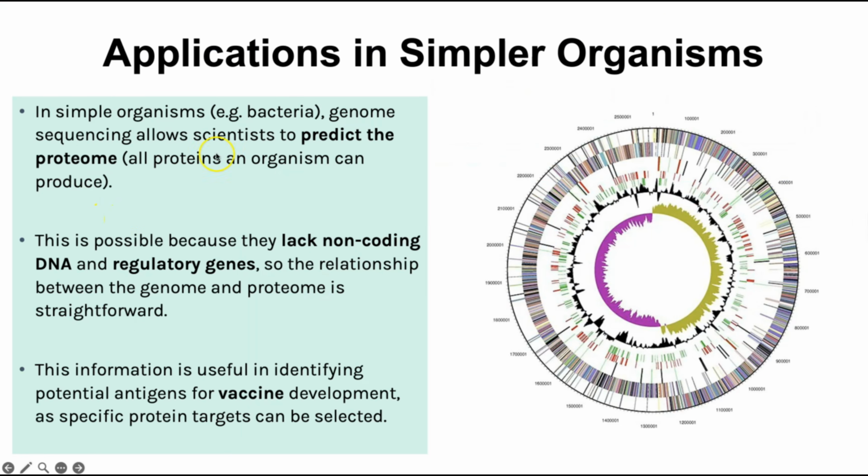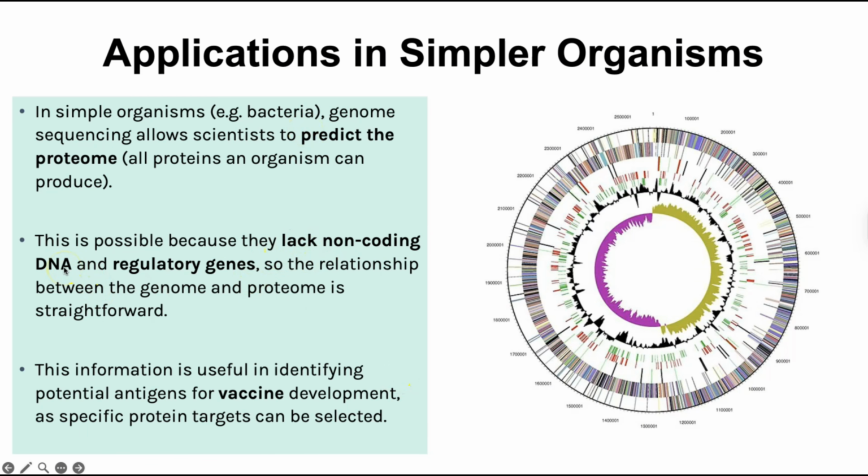So the applications of this, first one, simpler organisms, for example, bacteria. Genome sequencing is very useful because it can be used directly to predict the proteome, which is all the proteins an organism can make in their cell. And that's possible because simple organisms like bacteria don't have non-coding DNA.